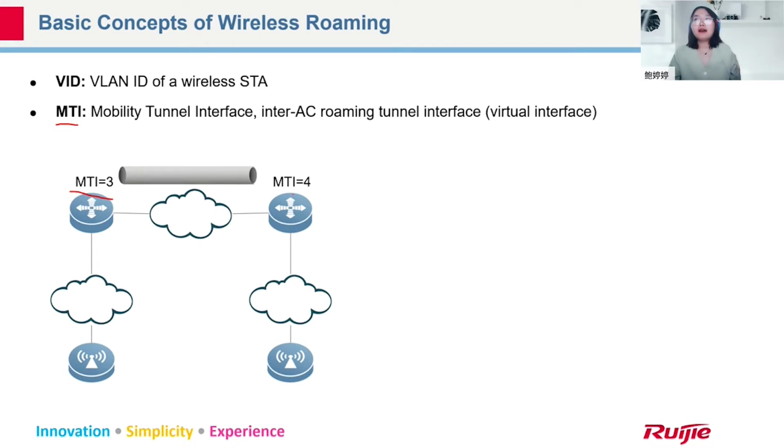The right MTI value is 4, because later when we show the example to you, in some scenarios we will change the MTI value to make the forwarding path like the original path. Now if the data needs to be forwarded out, the data will use this path and then forward to the MTI3 AC and come back to the MTI1 and come back to the AP.